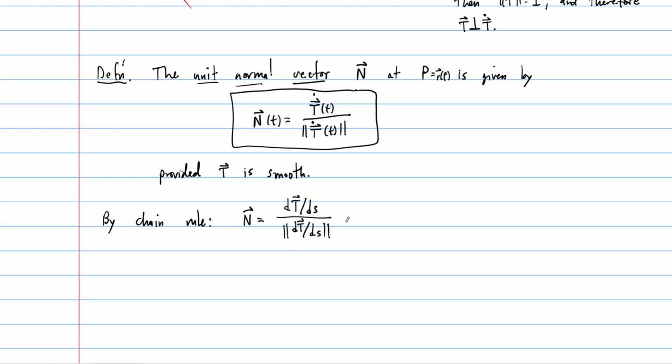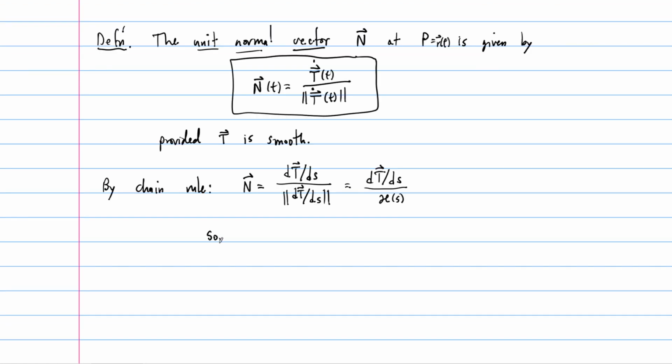So this is dT/ds, the rate of change of the tangent vector field with respect to arc length, divided by the curvature, kappa of s. And so what we have learned here is that the derivative of the tangent vector field with respect to arc length is equal to the unit normal vector field times the curvature function.